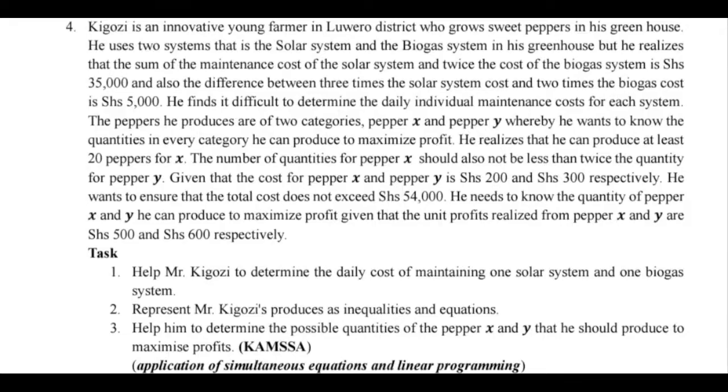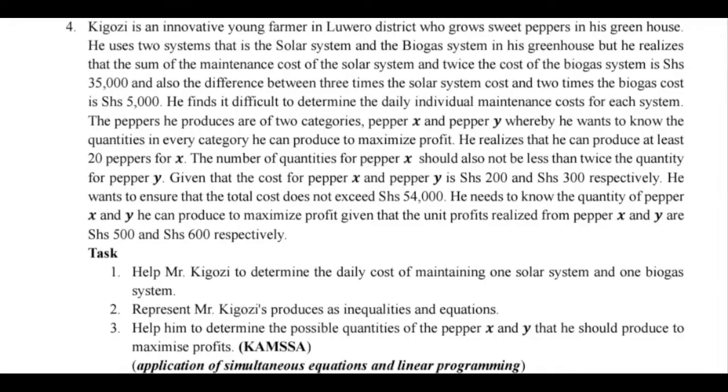He uses two systems, that is the solar system and the biogas system. In the greenhouse, he realizes that the sum of the maintaining cost of the solar system and twice the cost of the biogas is shilling 35,000, and also the difference between 3 times the solar system and 2 times the biogas cost is shilling 5,000.